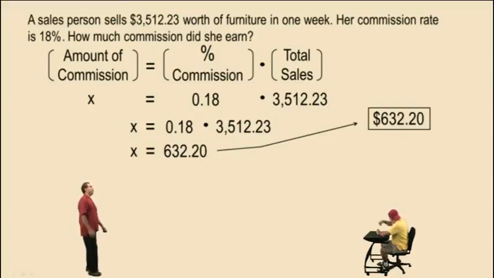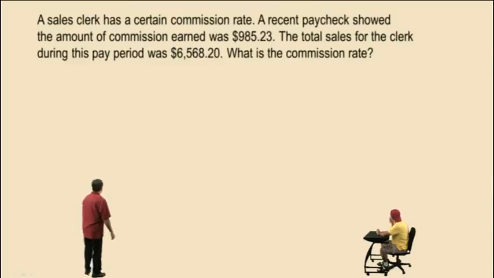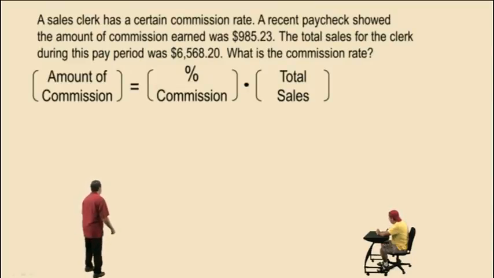There you go. Let's do one more. A sales clerk has a certain commission rate. A recent paycheck showed the amount of commission earned was $985.23. The total sales for the clerk during this pay period was $6,568.20. What is the commission rate? Here's our equation. Now, we are looking for the commission rate, or the percent commission.